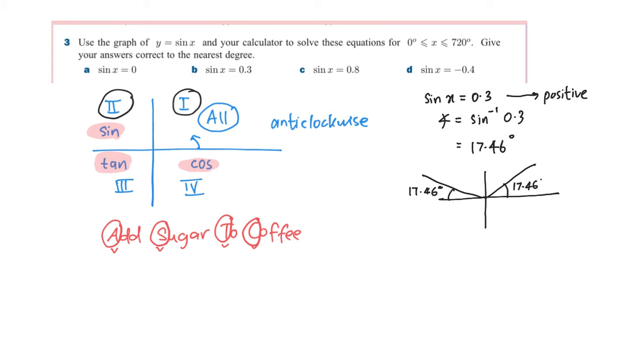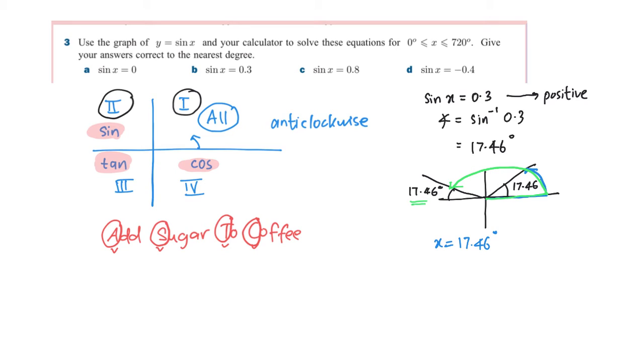The line starts from here and then moves up to here. So the angle, how big is this? It is 17.46 for the first one. And how about the second one? The second line starts from here and moves all the way to this line. How big is this green angle?